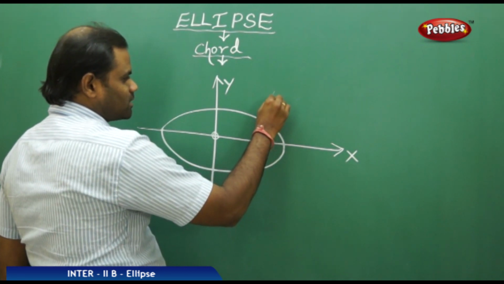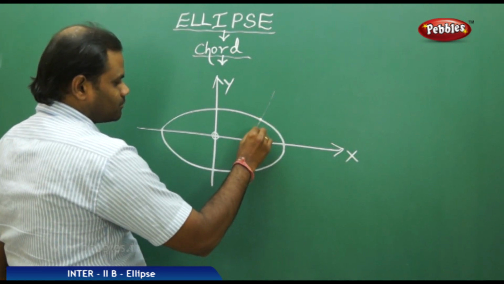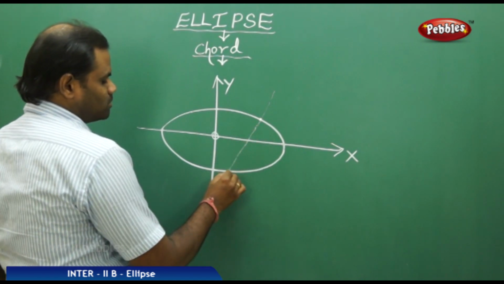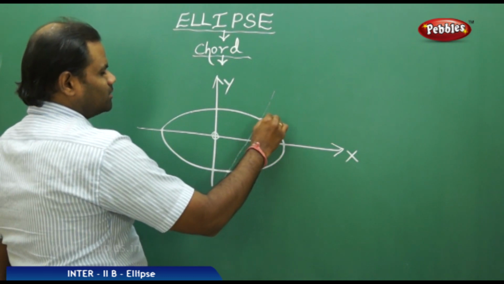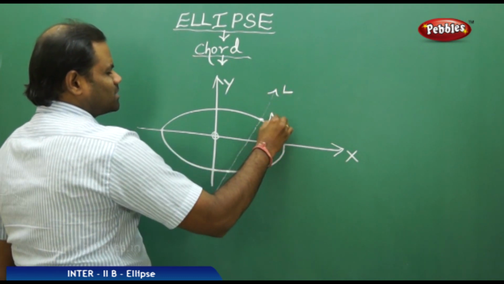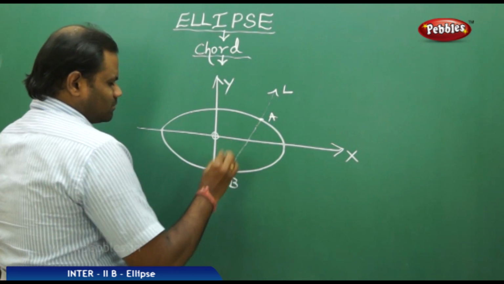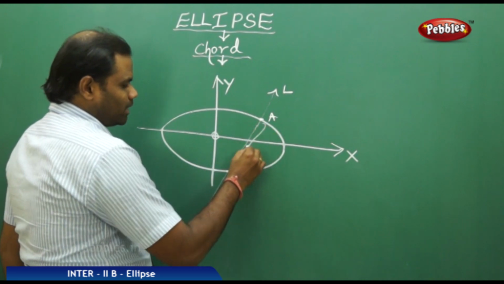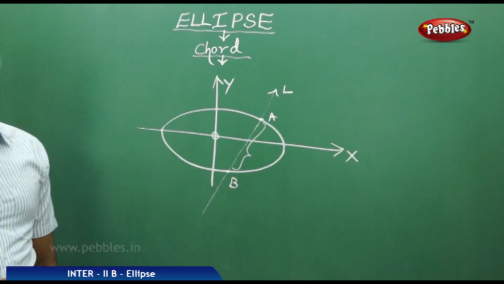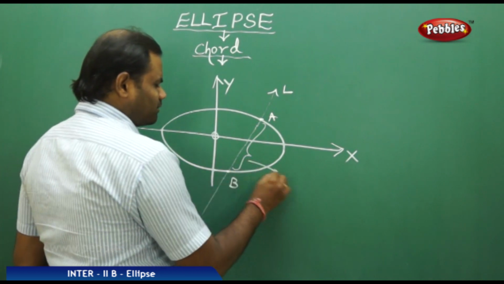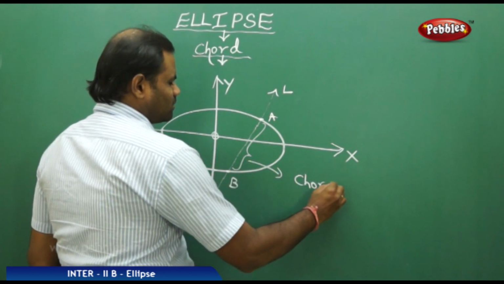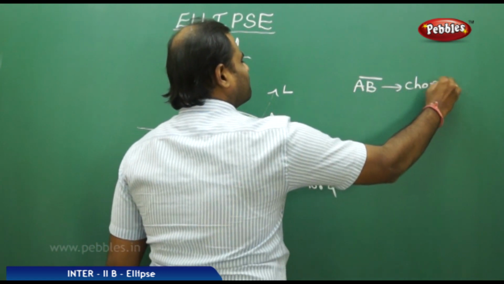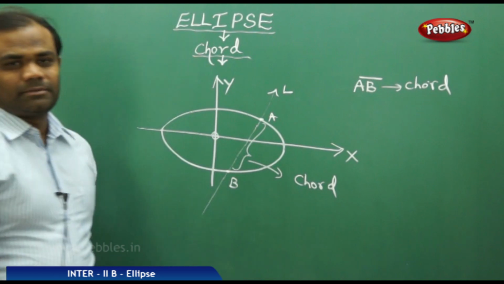Say for example, if there's a line which cuts the ellipse in this manner, then clearly this line L cuts the ellipse at A and B. Therefore, AB is called the chord of the ellipse. So a line segment joining 2 points of the ellipse is called the chord. So this is referred as the chord.